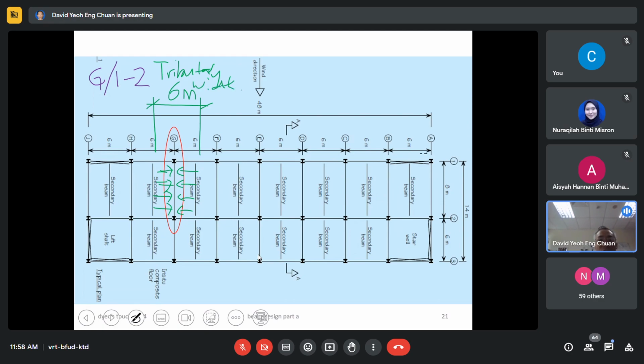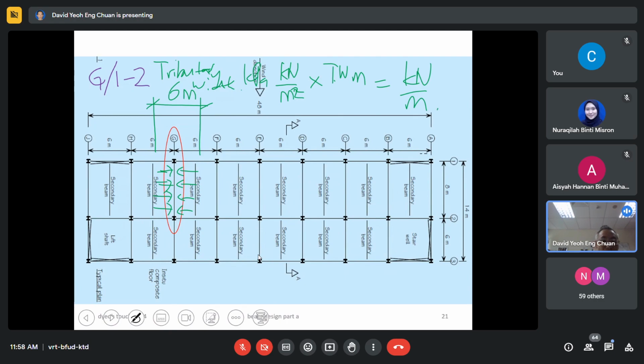So if we have a unit, the loading comes with area load, kilonewton per meter square, or we call it kPa, kilopascal. You multiply with the tributary width, which is in meter, you will get kilonewton per meter.